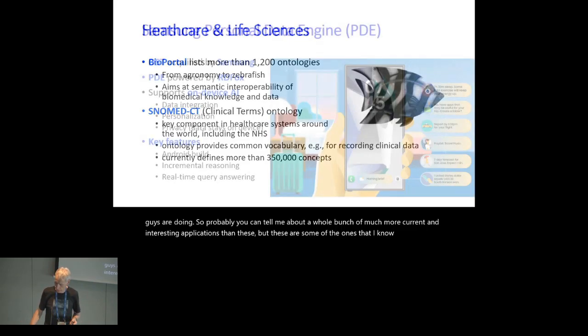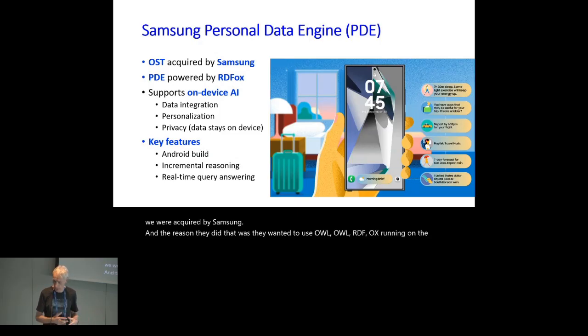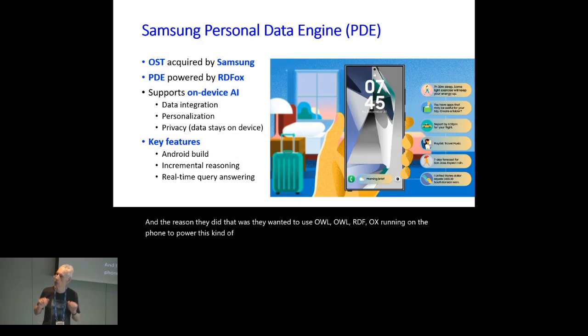Maybe it's more interesting for you to mention some applications that maybe you don't know about. So one that, of course, we're really super proud of, I think it was mentioned in the intro that we were acquired by Samsung. And the reason they did that was they wanted to use RDFox running on the phone to power what they call the personal data engine.